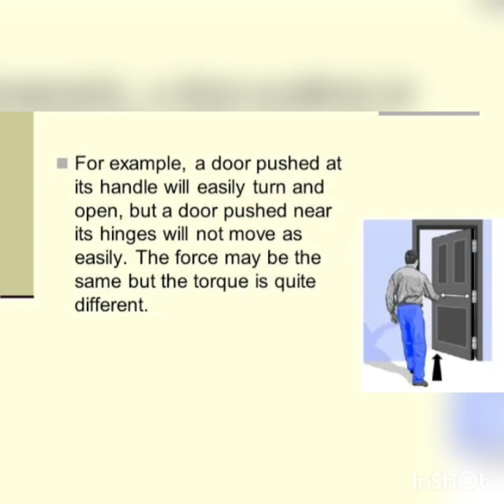So the torque, or the rotating force, will be more. So easily with the same amount of force I can open the door, compared to when the force is applied at a point nearer to the hinge. Then r, the distance between the hinge and the point of application of the force, will be less. So the torque will be less, therefore it will be difficult to open the door.